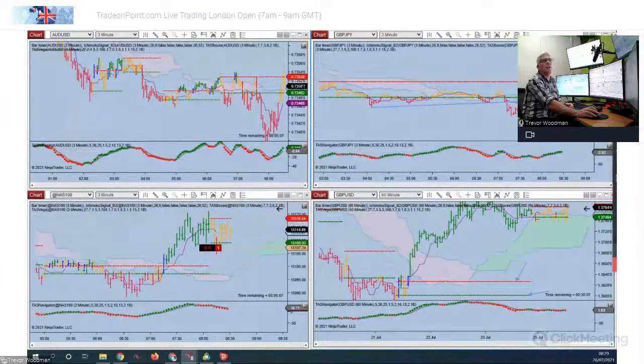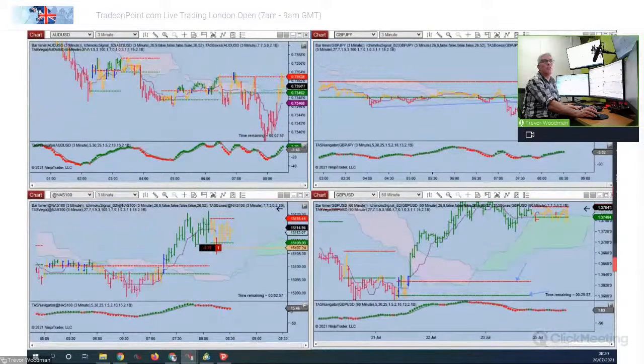That pound yen trade is looking like the best out of the lot, because we've just rejected off the Ichimoku cloud. So I'm very comfortable holding that. But yeah, that's pretty much what I look for.